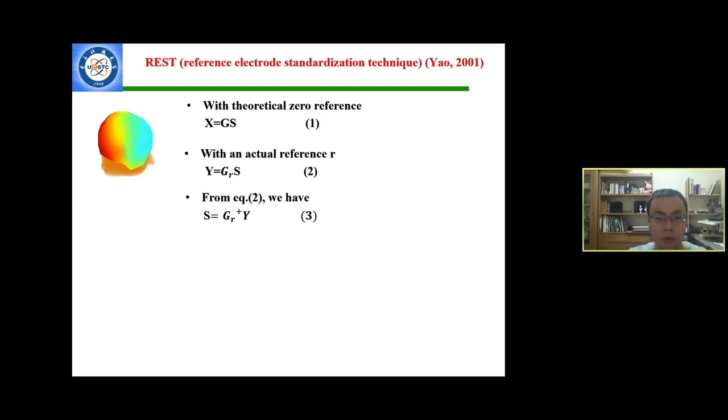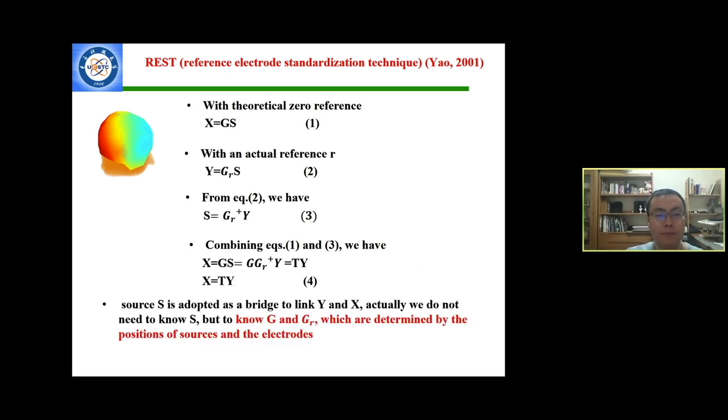From equation 2, we have s equals G_r inverse multiplied by y, and combining equations 1 and 3, we have x equals Gs, which equals Ty, and finally we get the equation x equals Ty.